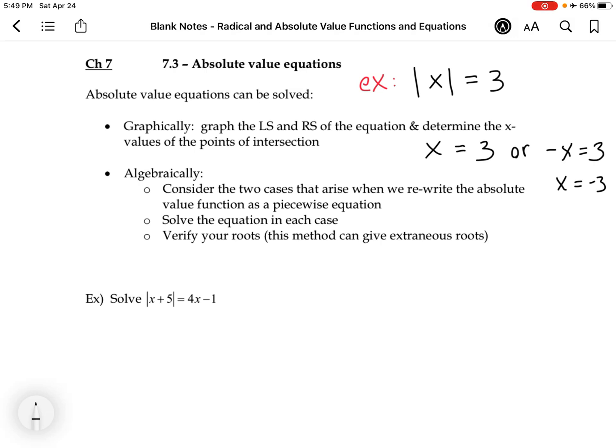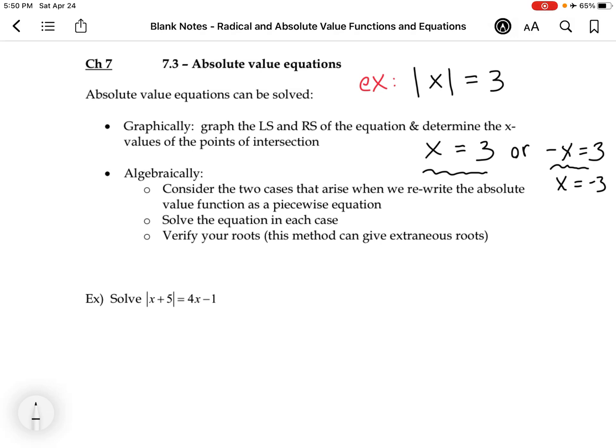Right? So that's this case. The other possibility is that the original expression had a negative value. And in that case, we have to put a negative sign in front of it. And that's this case. So that if you take negative 3, you end up with a positive value. Okay? And so that's basically how we're going to solve these.